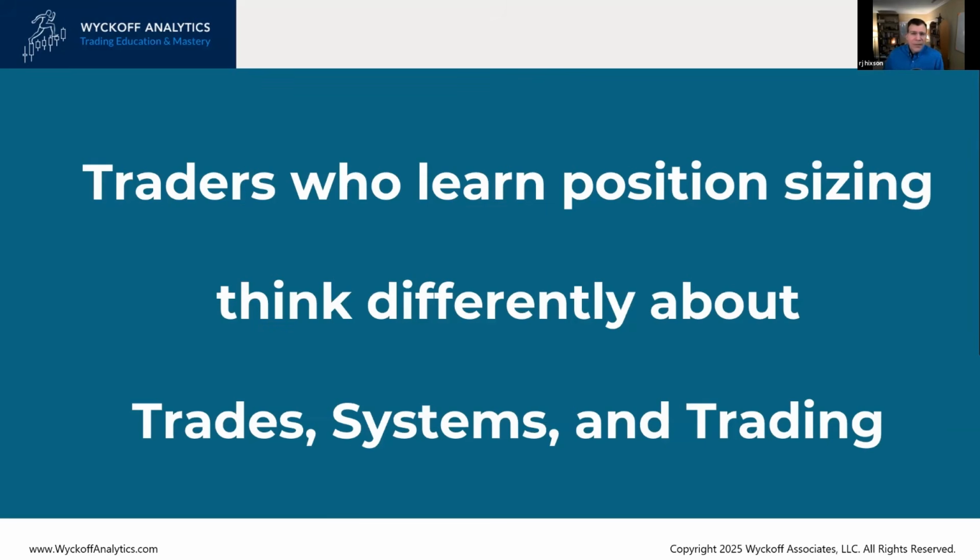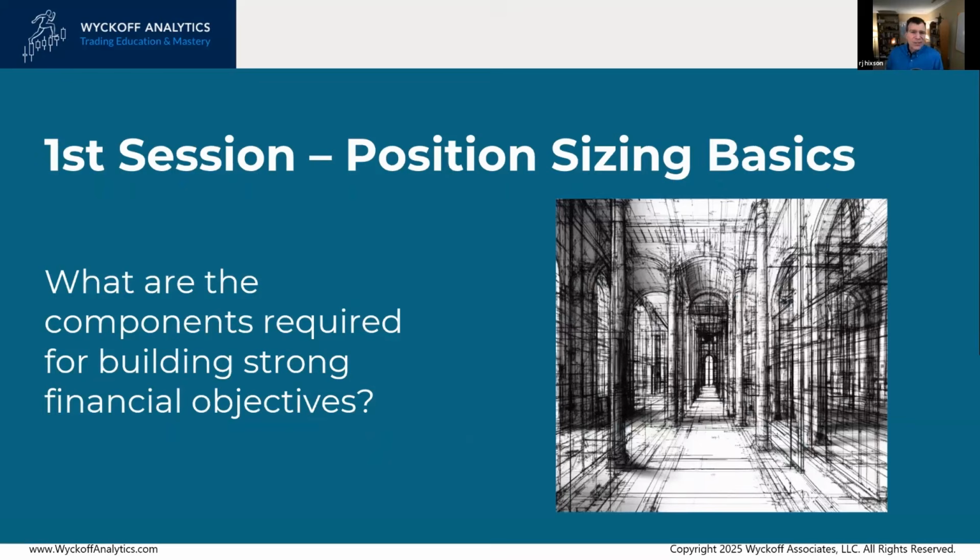All right. So next, I want to go through the basics of position sizing. I want to go through some of the topics in the course and see if any of these are questions that you have and questions that you might benefit from learning in the course. So the first session is about position sizing basics. What are the components required for building strong financial objectives?